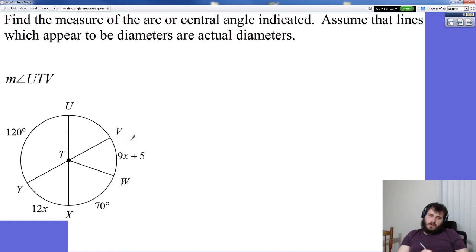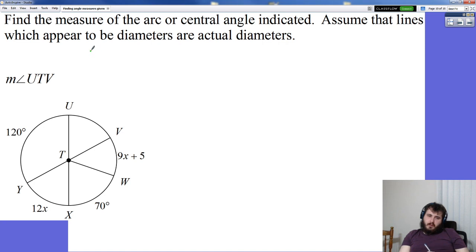So we don't actually need this arc over here. We can come back and figure it out later. That's one way of doing it. That's probably the way I would do it. Just add these up, set that equal to 180, and then deal with the fact that we need to find UTV in a second.